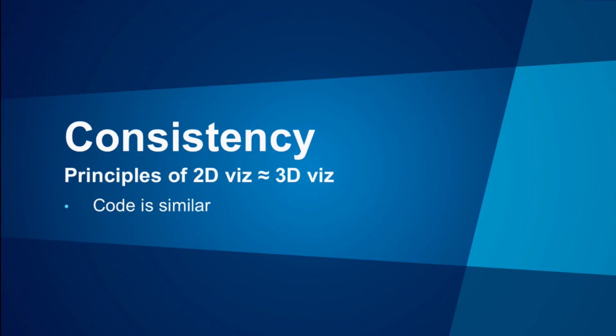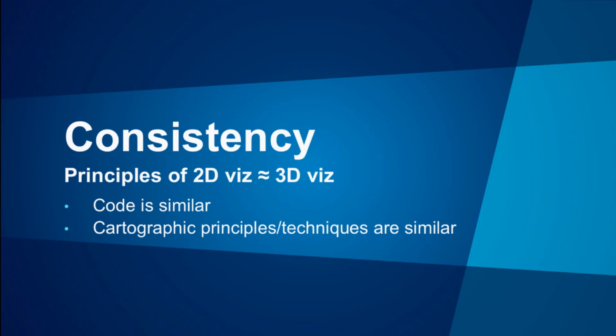And when it comes to our API, one of the aspects in which it is consistent or similar is the code. You'll notice that the coding pattern is very much the same, with very slight differences. And as I said, the cartographic principles and techniques are going to be similar.